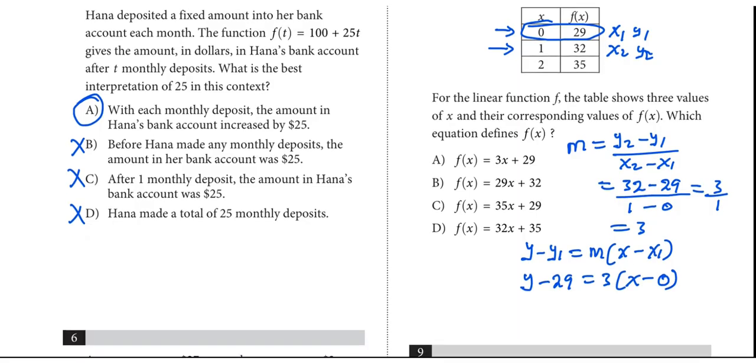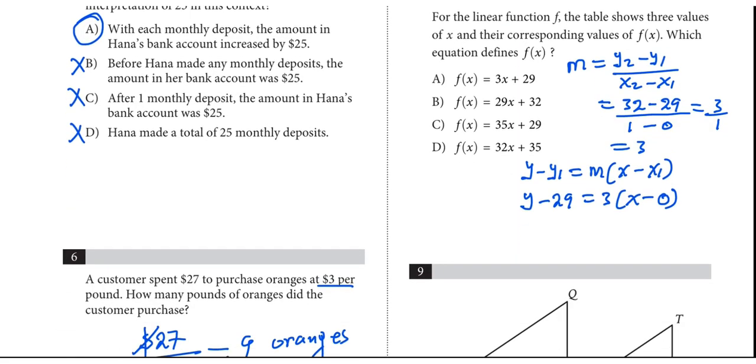So if we clear the brackets, then this will become y minus 29 is equal to 3x. So 3 times 0 is 0, so we can leave it at that. Now we can simply add 29 to both sides, and y will be equal to 3x plus 29.